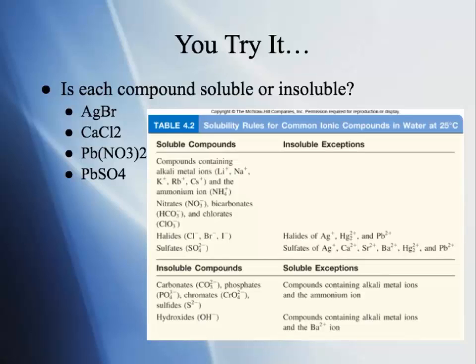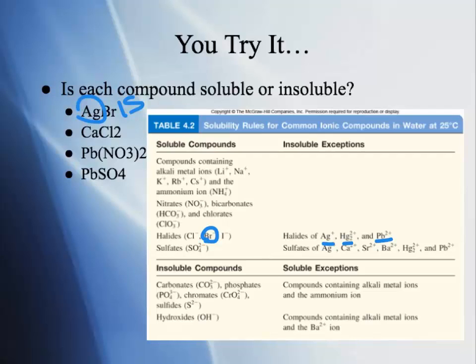Silver bromide. If we take a look at our solubility chart, bromine is a halide and it's usually soluble, except when it's hooked up with silver, mercury, or lead. And in this case, it is hooked up with silver. So this is going to be insoluble. I'll put IS for insoluble.